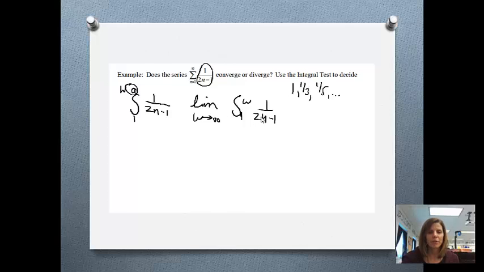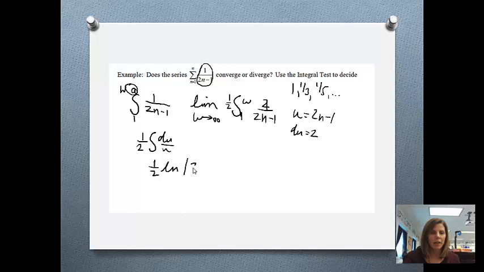Alrighty, so from here, if we're going to take the integral of this, I'm going to do a u substitution. So I'm going to let u equal 2n minus 1, which means du would be 2 dn. So I'm missing a 2 on the inside, so I need to put a 1/2 on the outside. So I now have 1/2 the integral of du over u, which is ln. So I'll have 1/2 ln of u, and then I will be evaluating it from 1 to w.